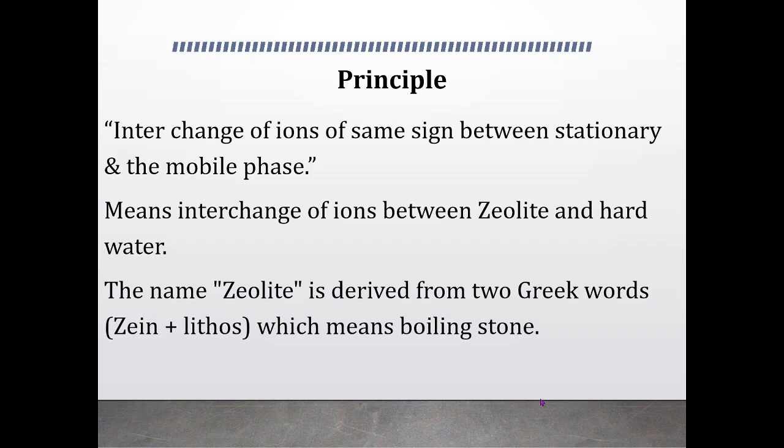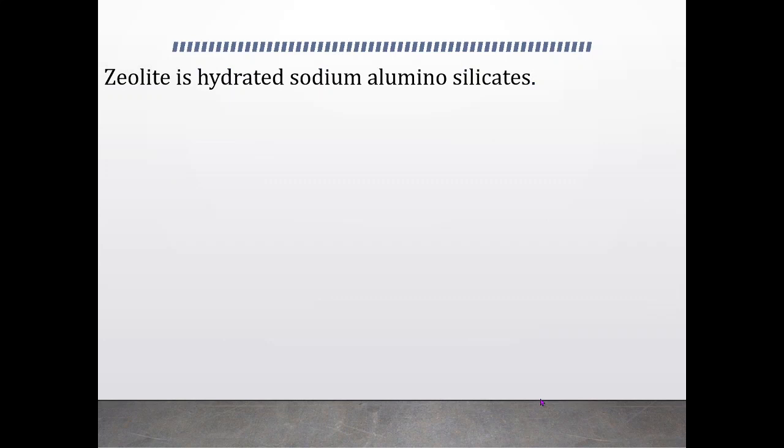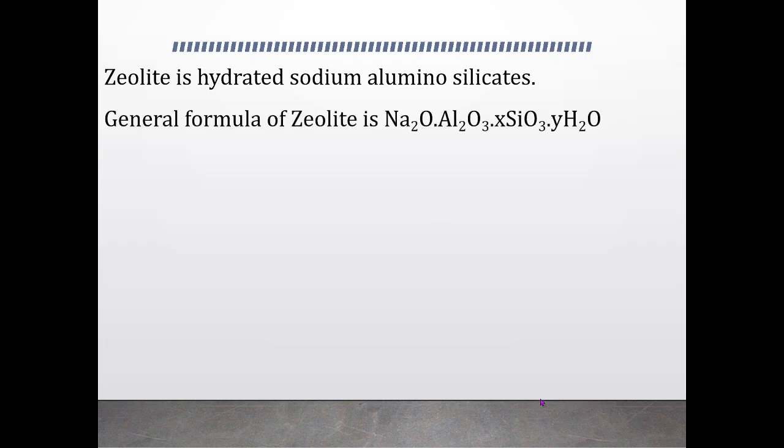This name zeolite is derived from two Greek words, zein and lithos, which means boiling stone. Now this zeolite is nothing but the hydrated sodium aluminosilicate. Now what is the general formula for zeolite? It is Na2O.Al2O3.xSiO2.yH2O.